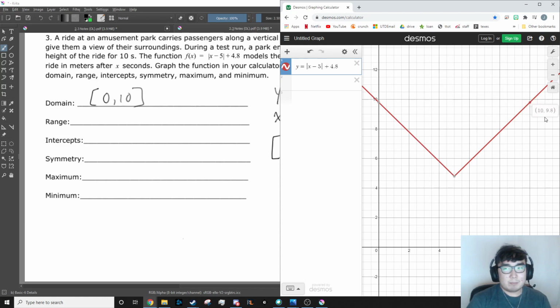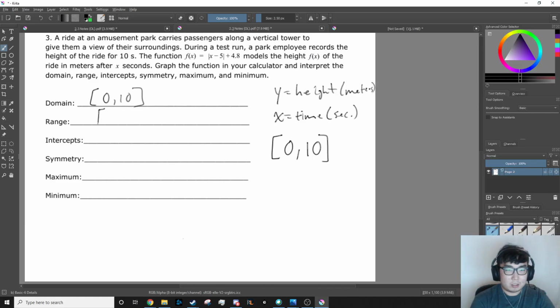So my biggest point was 9.8. My smallest point is right here, which is 4.8. So I can write that as an interval notation: 4.8 as my smallest, 9.8 as my largest or my highest value that I can have on this graph between 0 seconds and 10 seconds.